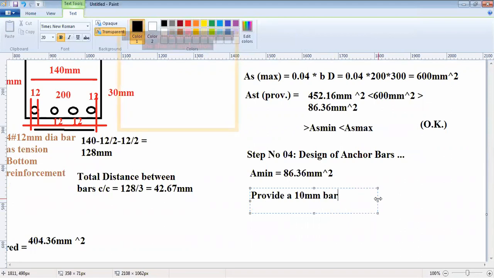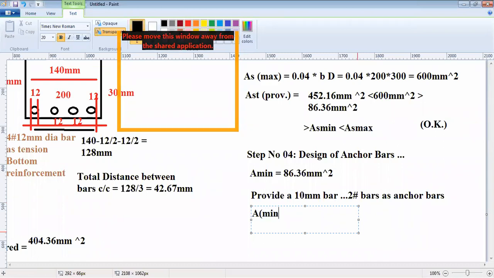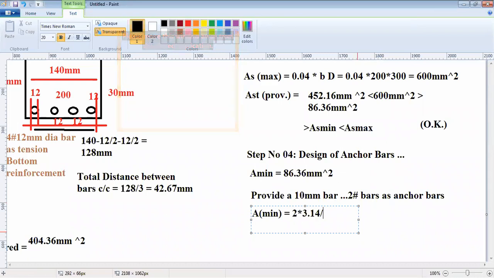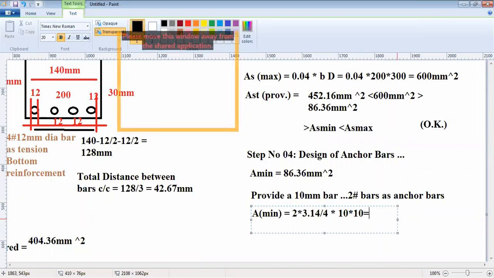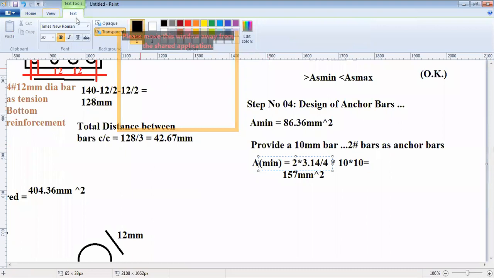But how many do you have to provide at least? कितने provide करने हैं as anchor bars? 2 number bars, two number bars as anchor bars, then what is the minimum area of steel that you are providing? 2 into 3.14 divided by 4 into 10 squared. तो कितना बन रहा है this? 157. 157 mm square. ये आपका A minimum बन रहा है, not A minimum, this is A, you will not say this is A minimum.